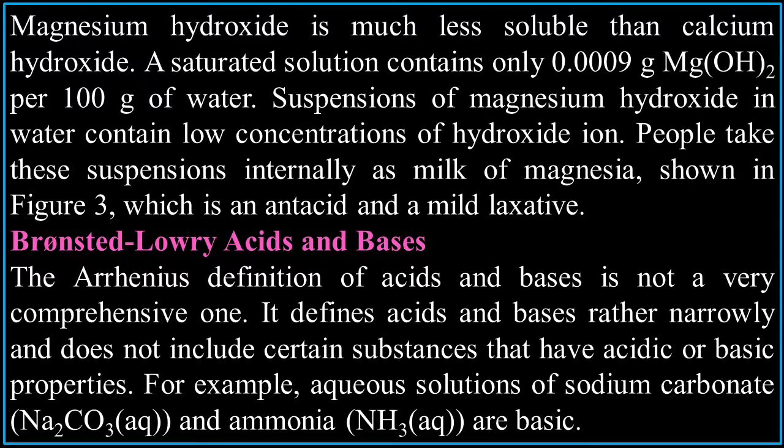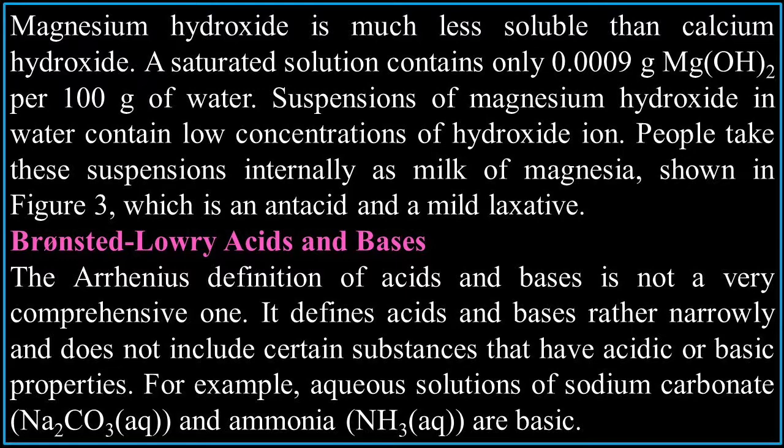A saturated solution contains only 0.00009 grams magnesium hydroxide per 100 grams of water. Suspensions of magnesium hydroxide in water contain low concentration of hydroxide ion. People take these suspensions internally as milk of magnesia, shown in Figure 3, which is an antacid and a mild laxative.